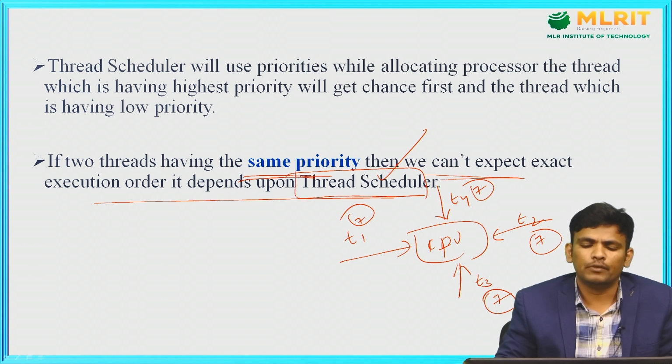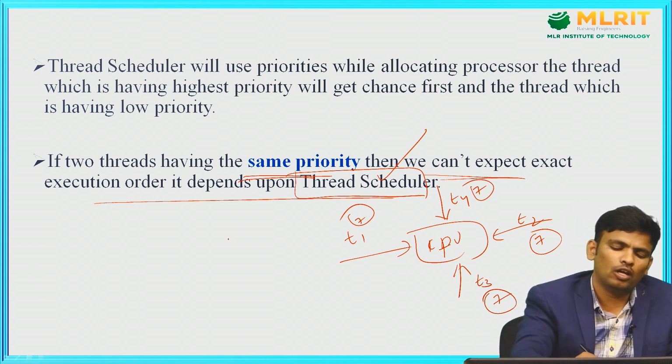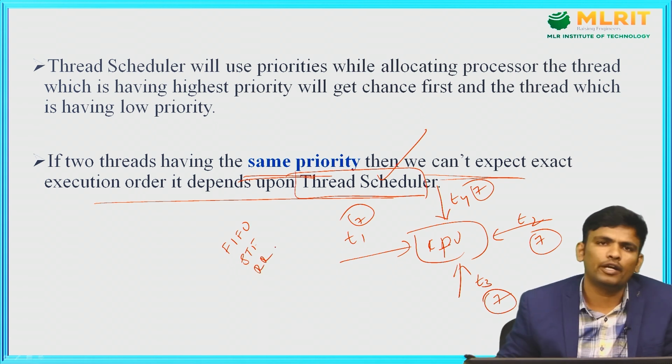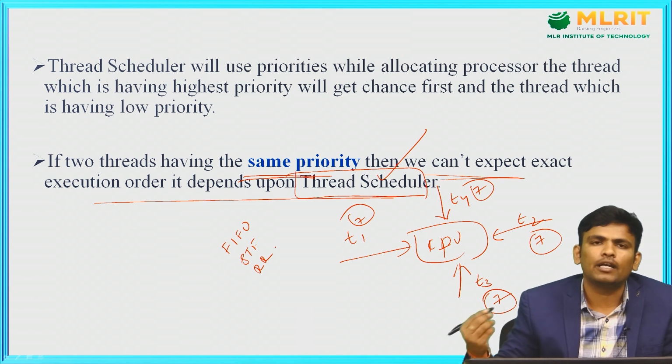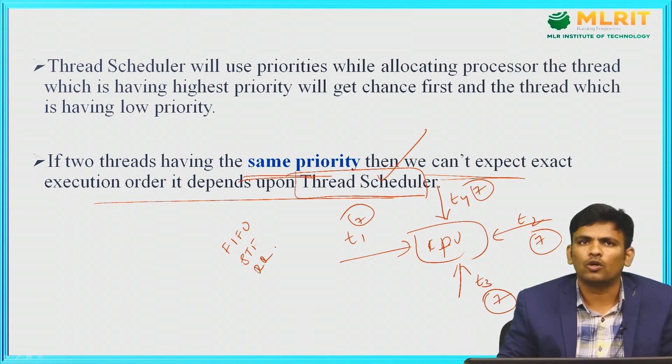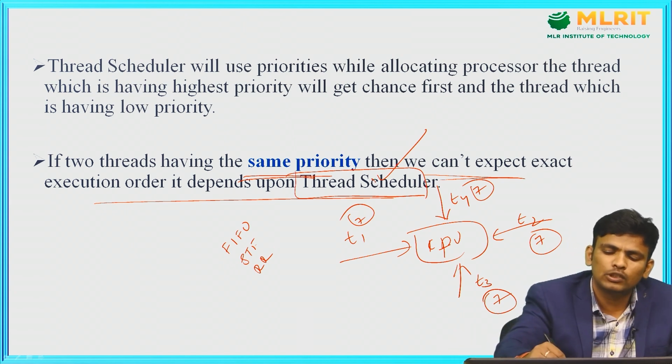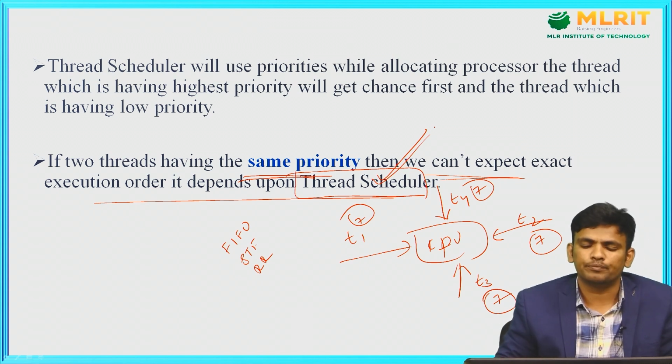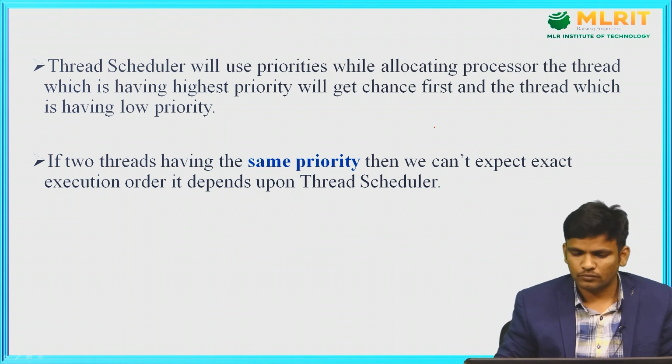The thread scheduler may consider an algorithm like FIFO, first come first out, or shortest job first, or round robin, or priority scheduling, or any other algorithm. So the output depends on the thread scheduling algorithm and is decided by the thread scheduler program.